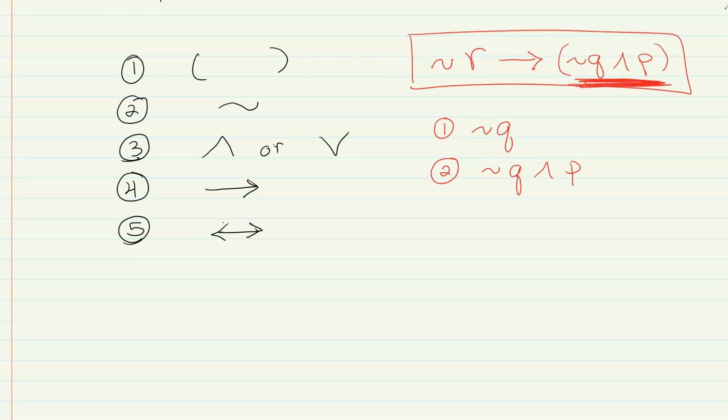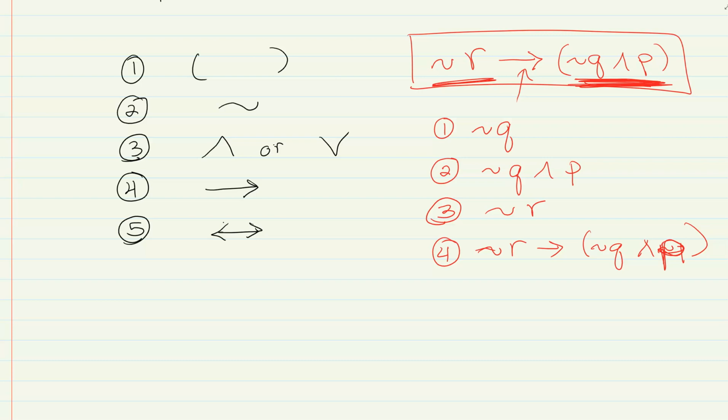When you're done with this part, we look at the other part. The third order is not R, and after that you would have this connective, so the fourth order would be not R implies not Q and P. That is how you prioritize your order of connectives when building a truth table.